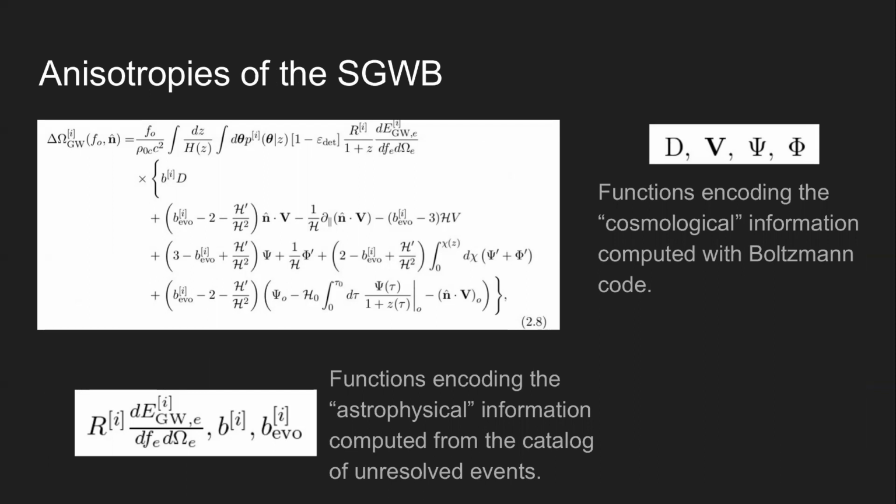And to give you an idea of why you need all this, I'm going to show you the only equation of this talk, which gives you the fluctuation of the stochastic gravitational wave background. This is quite a messy formula, but I can give you an intuition of what you're doing when you're computing this fluctuation.